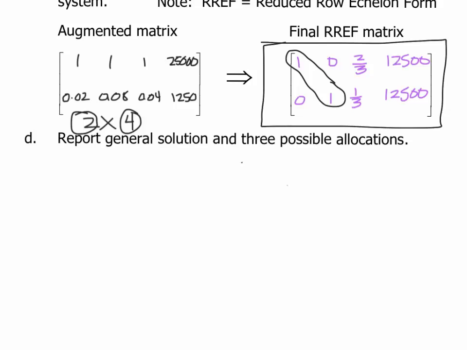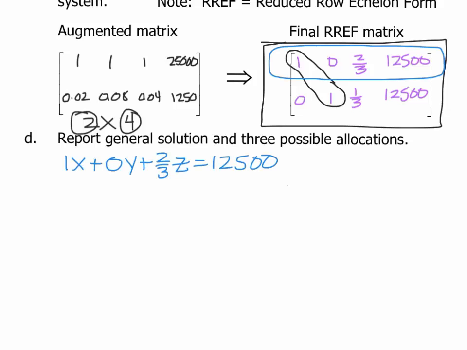I'm going to take each row and rewrite it in terms of an equation. When I take that first row that I've circled in blue, it tells me 1x plus 0y plus 2/3 z equals 12,500. And so I get this equation here. See if you can do the same thing for this second row.